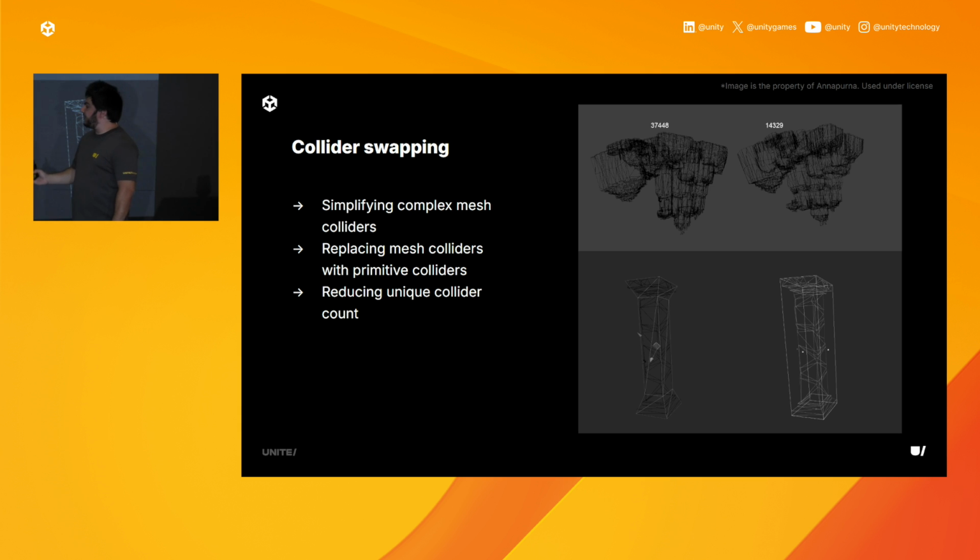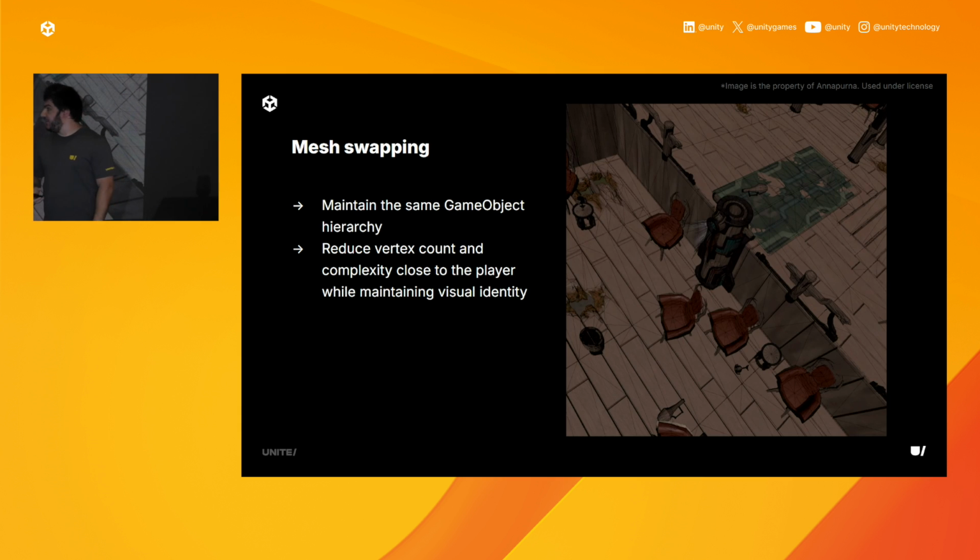And last but not least, reducing just the number of unique colliders. Essentially, what we tried to do here is take colliders where they were kit bashed together and try to simplify them into larger, simple shapes, whether that was complex mesh colliders or just simple primitive colliders, just reducing the overall number.